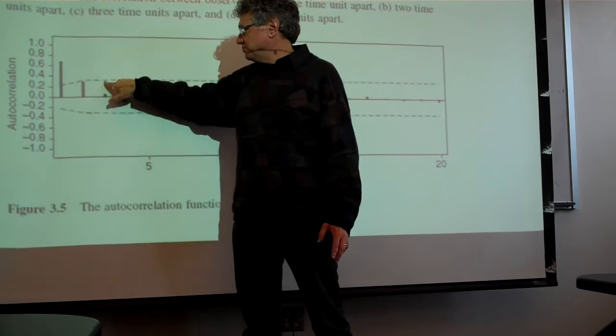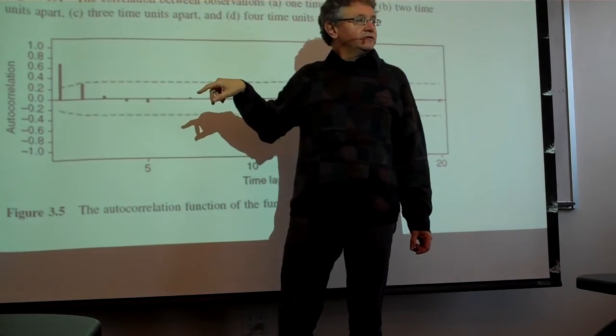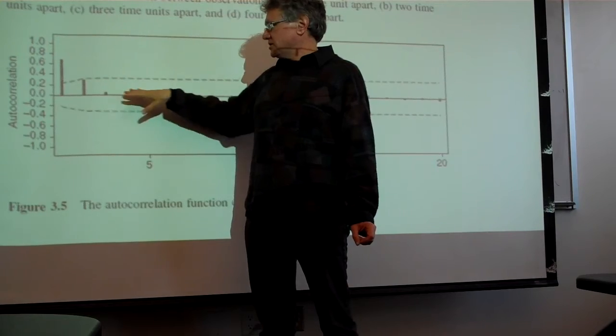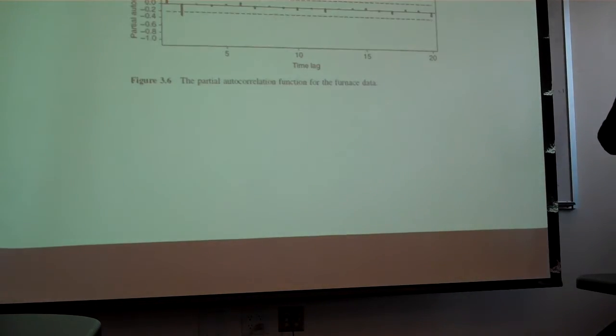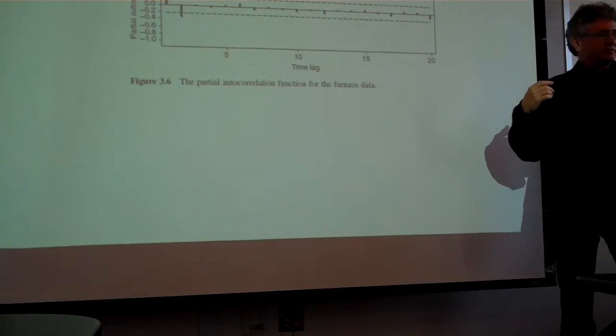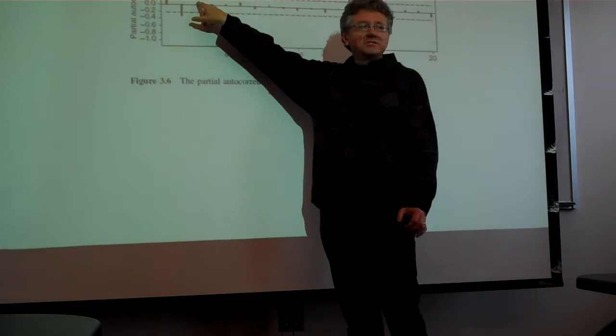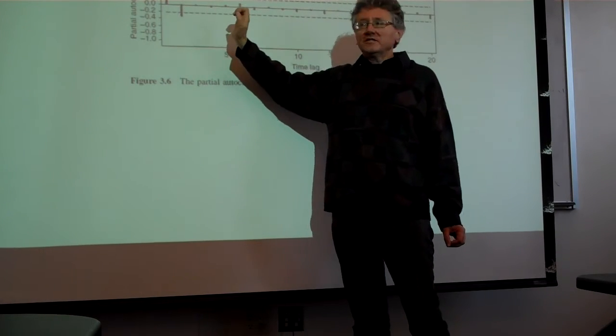It may do it in a kind of cyclic way, and it often dies down less quickly than this. And then it has a partial autocorrelation function that goes to 0 very abruptly after a certain number of lags.